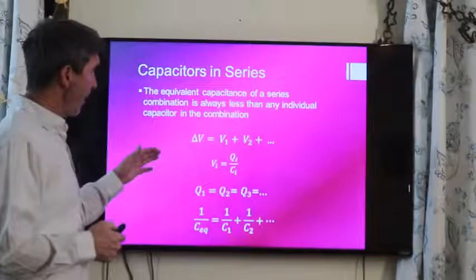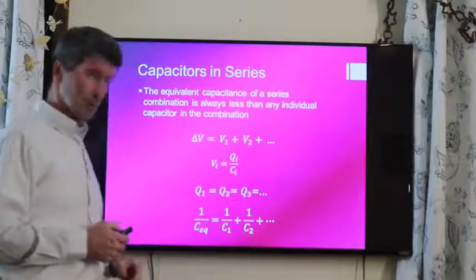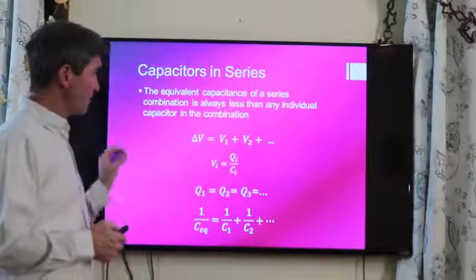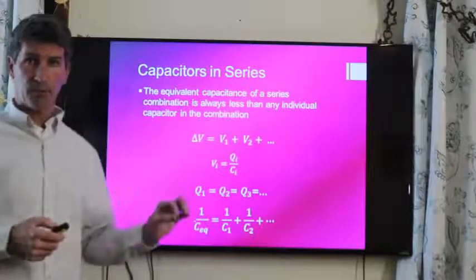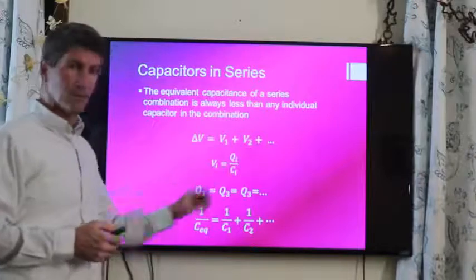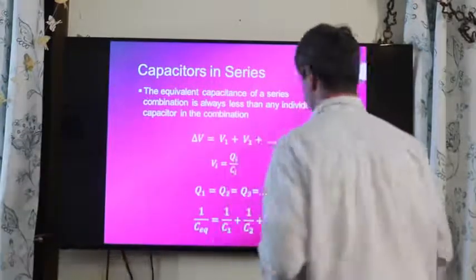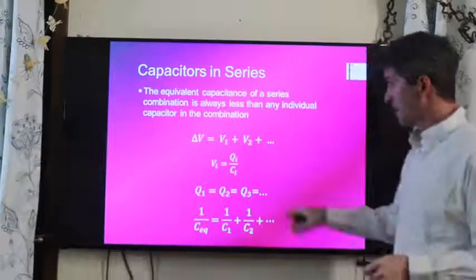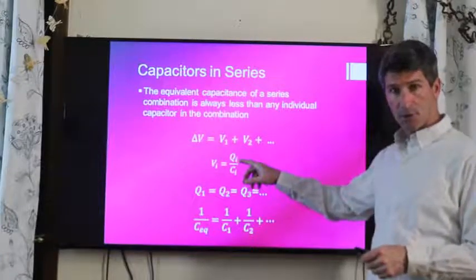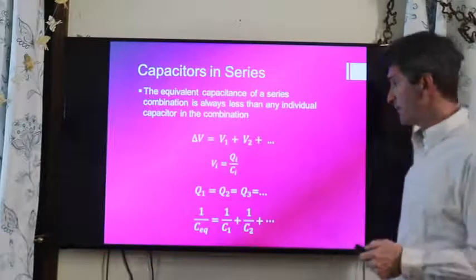And therefore, if each capacitor in series has the same amount of charge, we know that C is equal to Q divided by V. Therefore, V is equal to Q divided by C. Thus, the voltage across each capacitor is going to be equal to the charge, which is going to be the same for both, divided by the capacitance of each.